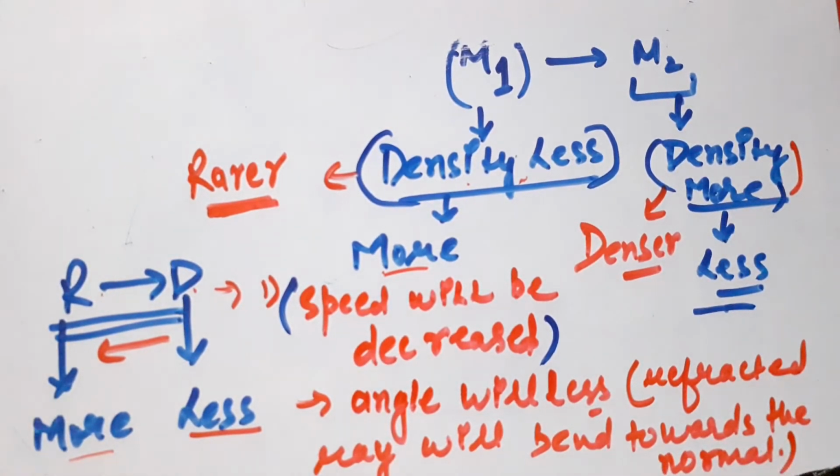Right, so this is a very important point to understand, that whenever a ray is passing from rarer to denser medium, there will be decrease in speed and the angle will be less. So what does that mean? It will bend towards the normal. We can understand this thing.